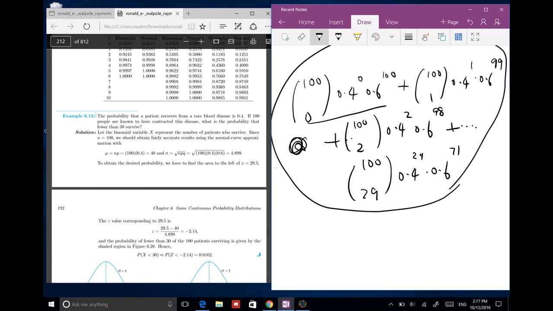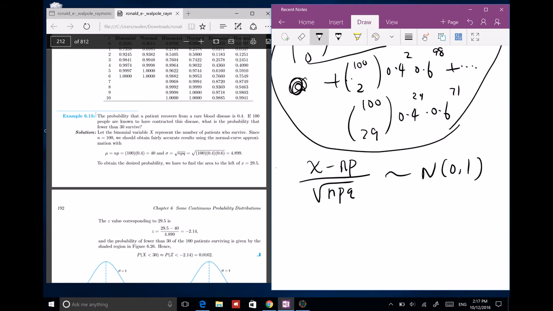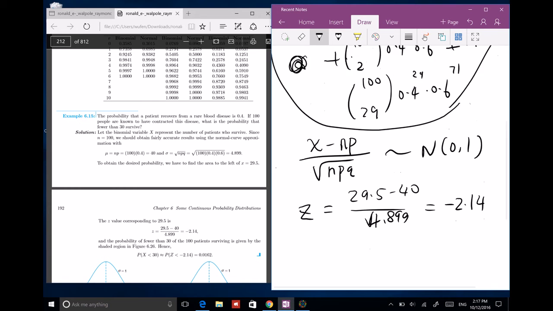We have x minus np over the square root of npq. So you can find a z value: z equals 29.5 minus 40 over 4.899, which is the square root of npq, and you find this is negative 2.14.